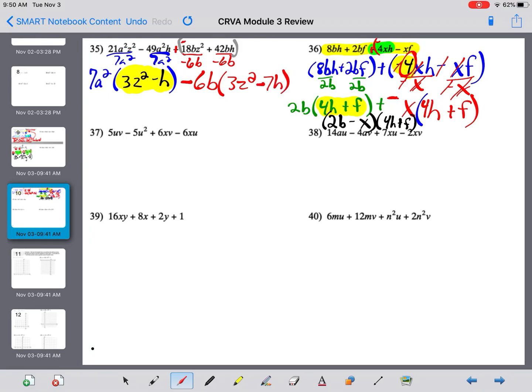Ooh, you know what? That is correct, a negative 7h. But Mr. P, oh boy, 49 divided by 7 is 7. So they do match, and it helped me catch my other mistake. Mr. P needs another cup of coffee. 7a squared minus 6b. Put your mini GCFs together. 3z squared minus 7h.